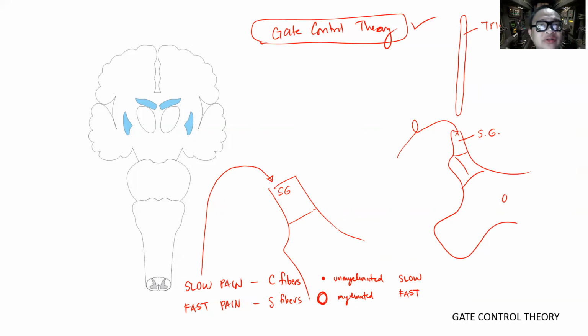Now, your gate control theory says that you have your slow pain. That's what you felt when you hit your head on the roof of the jeepney. So it's going to go up to your thalamus, right? But if you also do this, now that's your fast mechanoreceptors, impulses from your mechanoreceptors. That's your fast pain. Once they arrive at the substantia gelatinosa, faster fibers sort of block that slow pain, and they're the ones that go to your thalamus first.